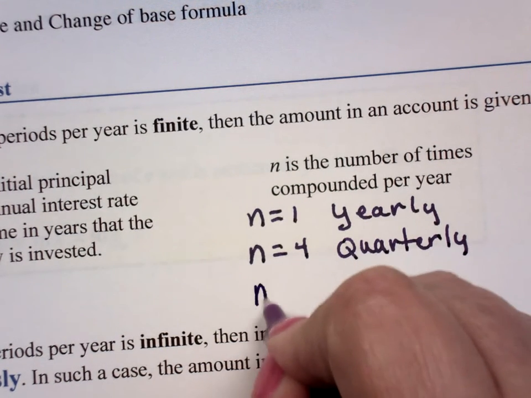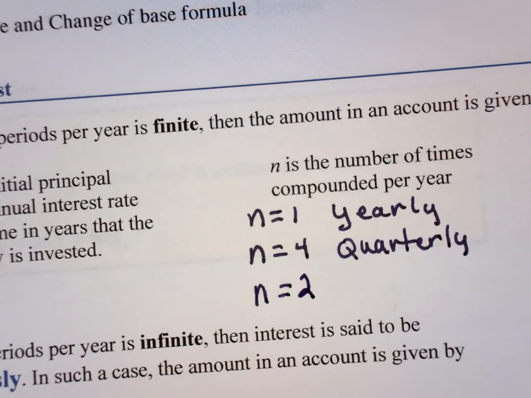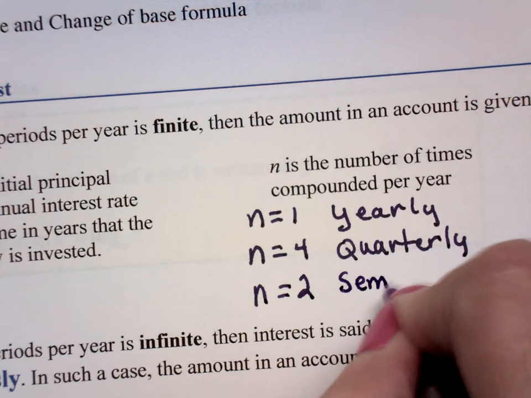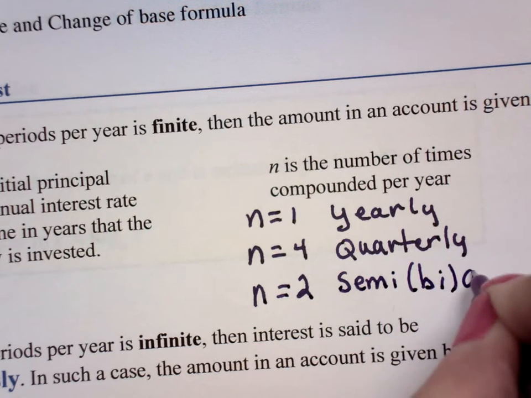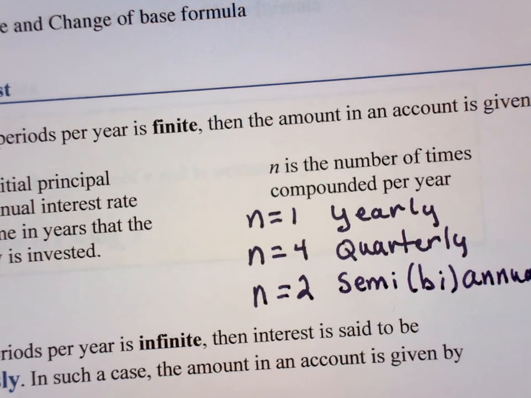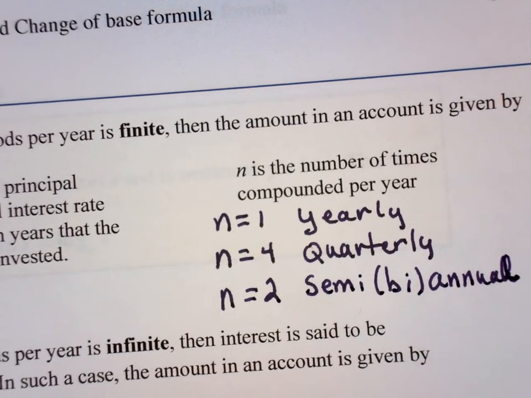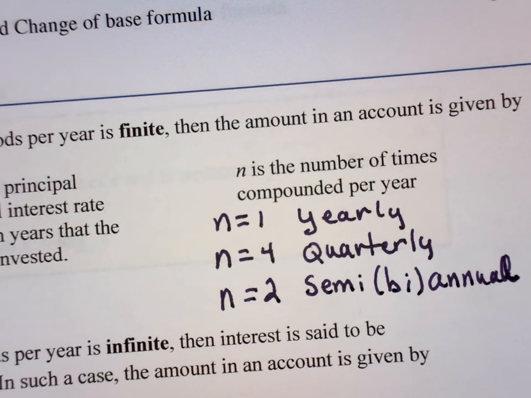You have another one that you can look at, which is n equal 2. This is what we call semi, sometimes the word is biannual. Semi or biannual, that's twice, 2 times a year.